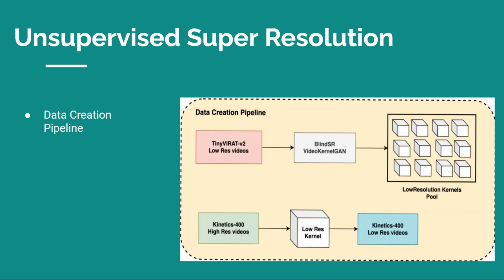Once all of the Tiny VIRAT videos are passed through the kernel GAN, we get a pool of low resolution kernels. And once these are obtained, we pass the Kinetics 400 high resolution videos through the kernel GAN and generate low resolution videos.